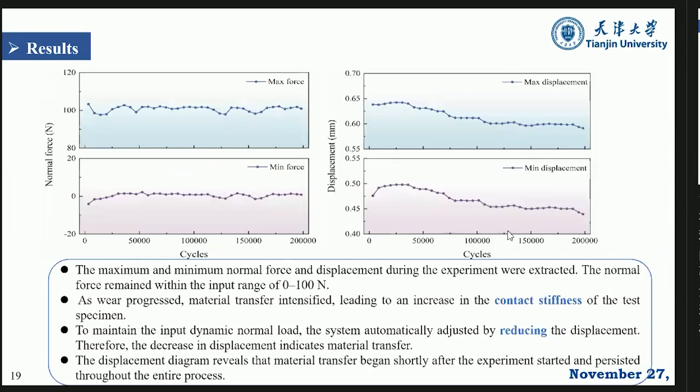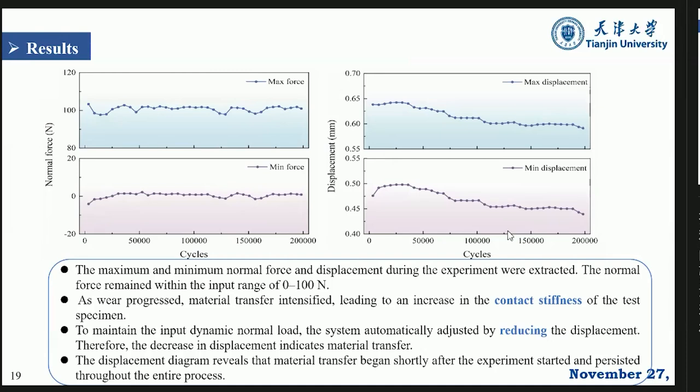This is what happened, and we want to make some calculations. The good thing is that we have the data, because we can follow the forces at every moment, and we can maintain the force during our fretting process. But the interesting thing is that with the same force input, the displacement has decreased. We are very interested in these results because maybe they show the contact change between the counter body and the tubes.